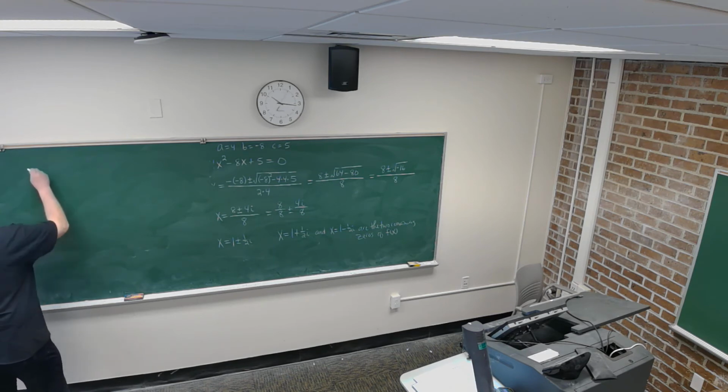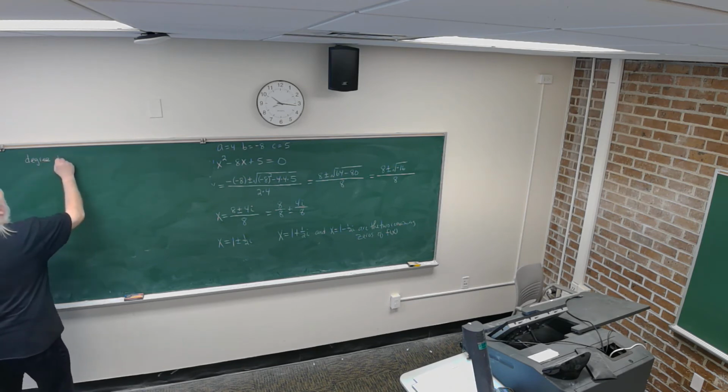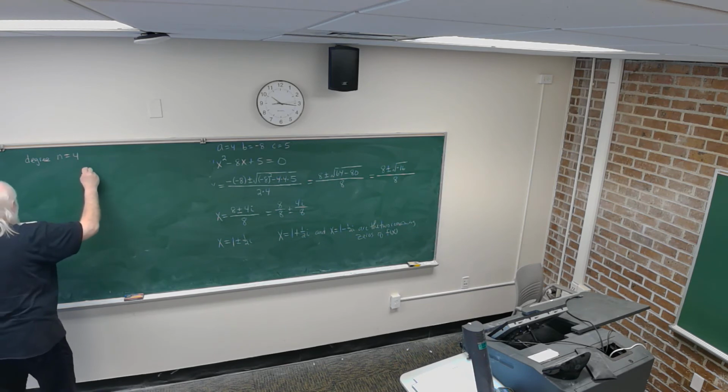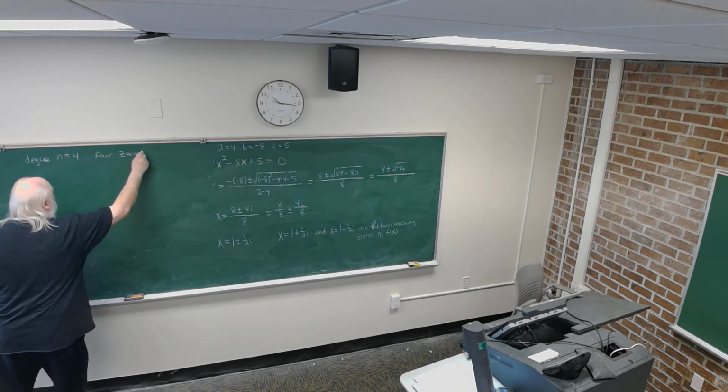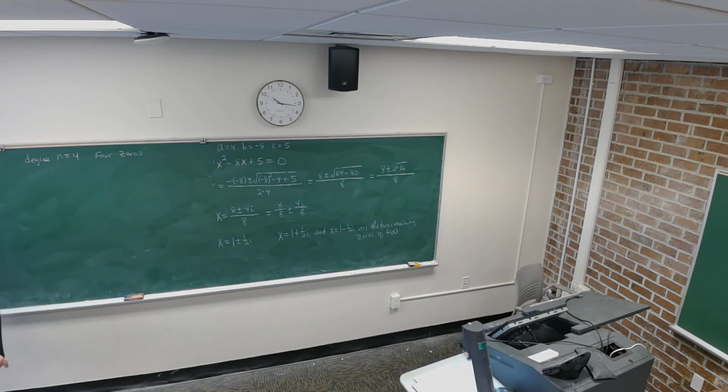So the degree of the polynomial on the left is equal to 4. So we're expecting there to be 4 zeros, 4 values of x to make the left-hand side equal to 0.